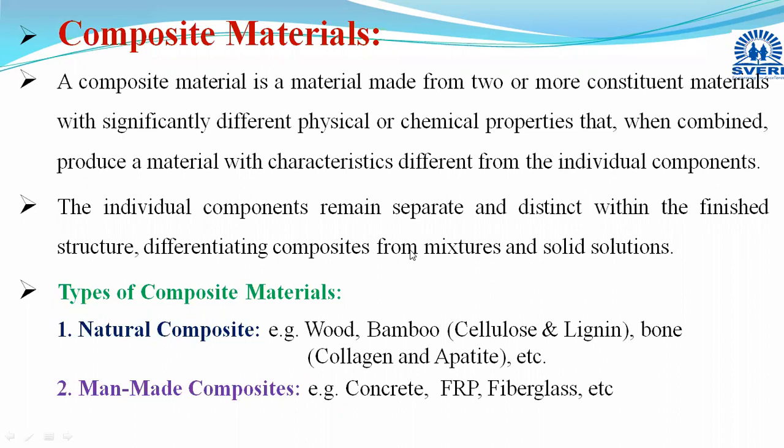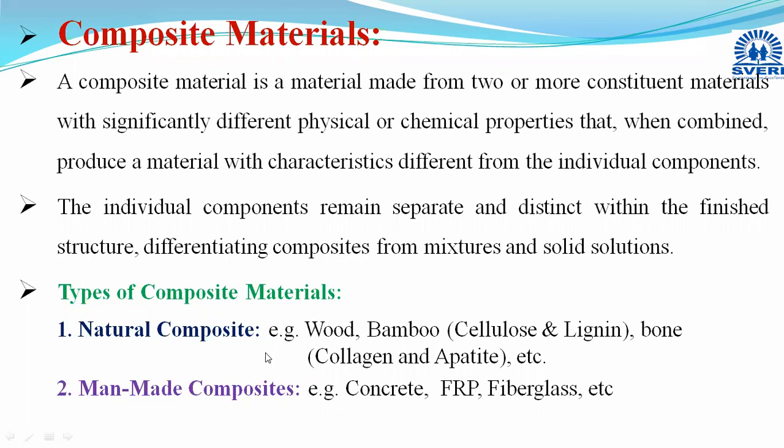Now, these composite materials are broadly classified into two types, depending on the nature of their existence: natural composite materials and man-made composite materials. The composite materials which exist in nature, or are naturally occurring, are termed natural composite materials.